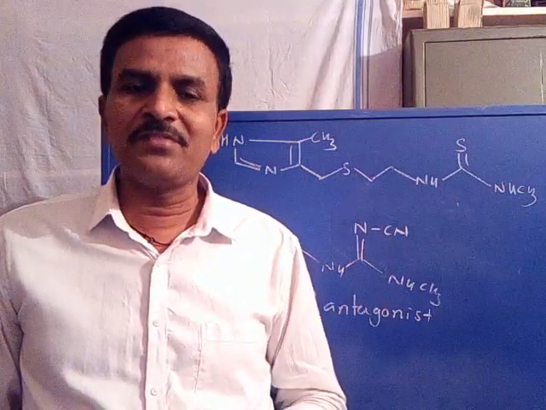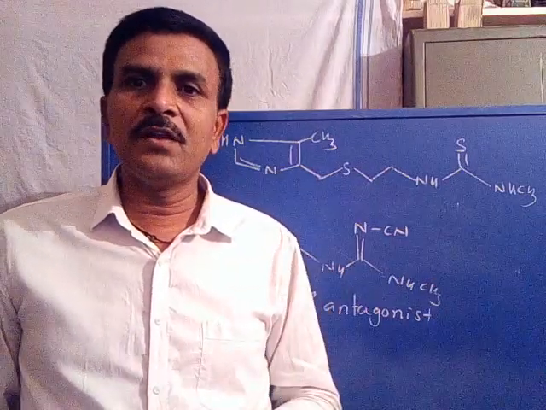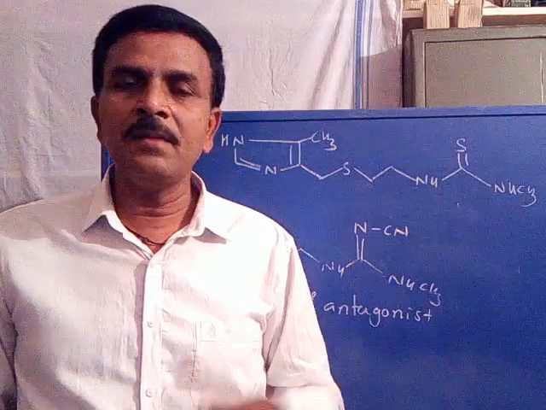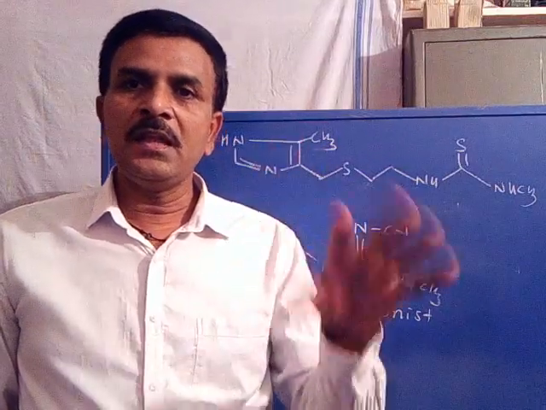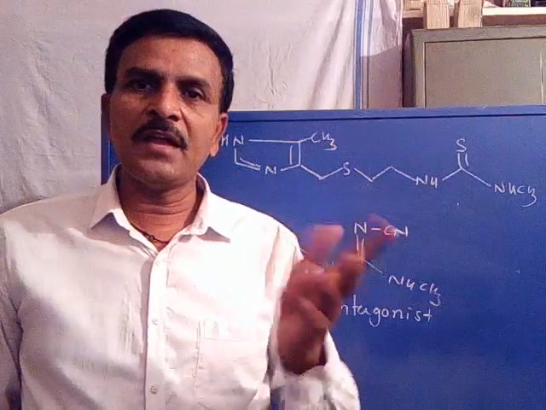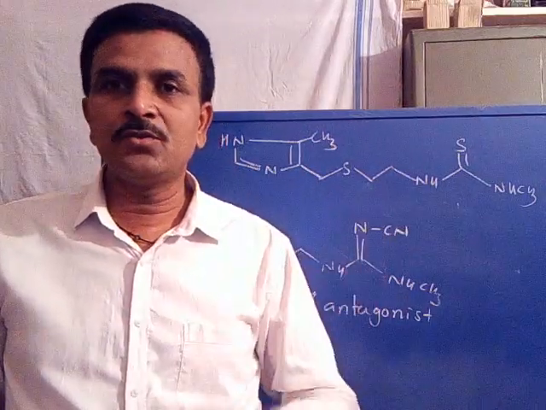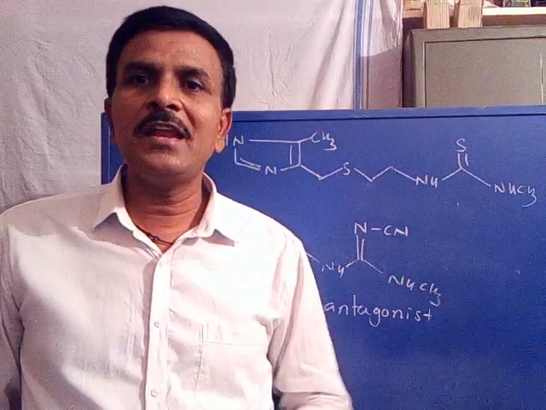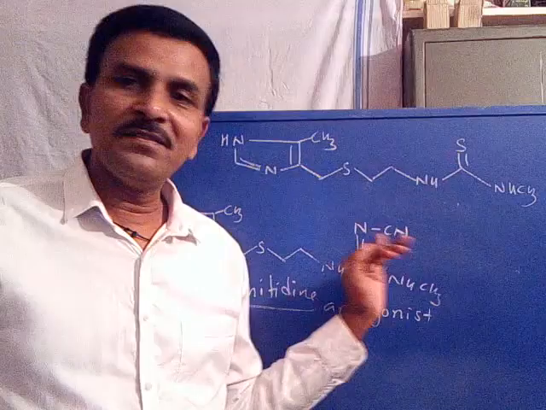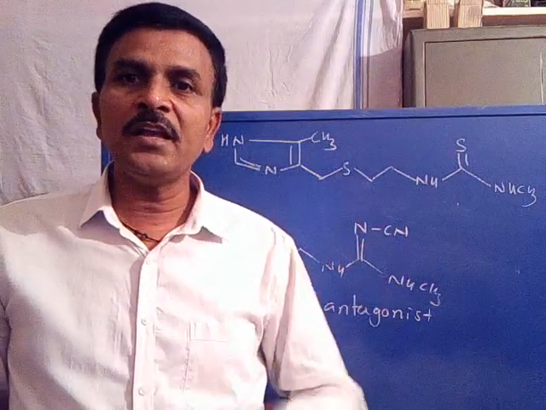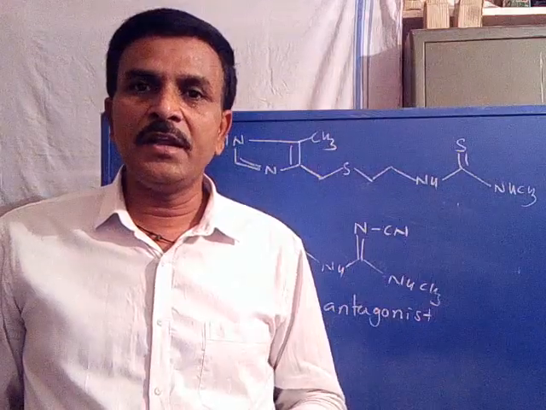Therefore again it was modified by introducing one sulfur in the 4 carbon side chain and one methyl group in the imidazole ring to get the methioamide derivative, which acts as an antagonist but also shows side effect. Therefore finally, replacement of sulfur with an NCN group gives cimetidine with pure antagonistic activity without any side effect.